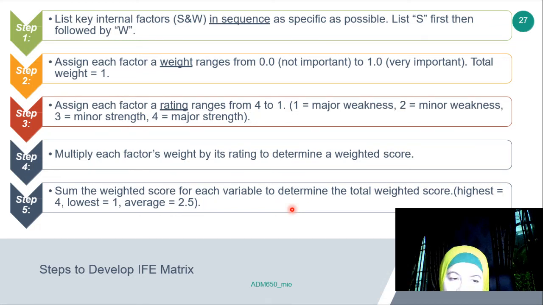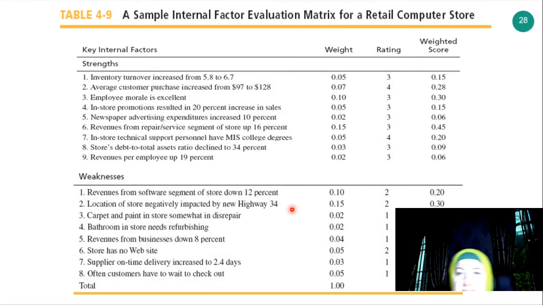The highest is 4 and the lowest is 1, and the average should be around 2.5. You should total up the weighted scores and see your number between 4 and 1.